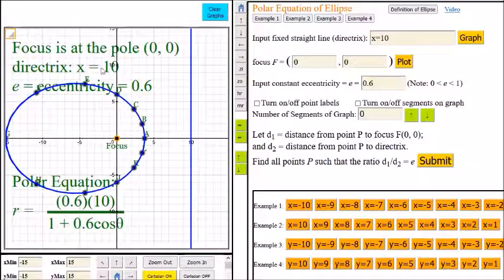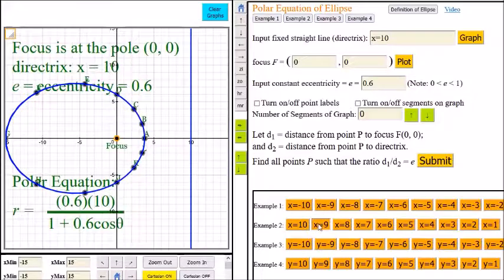In this case we have the directrix x equal to 10, and so the equation will be eccentricity 0.6 times 10 divided by 1 plus eccentricity times cosine of theta. If the directrix is to the left of the pole, it would have been 1 minus. But if it's to the right, it's 1 plus the eccentricity times the cosine.